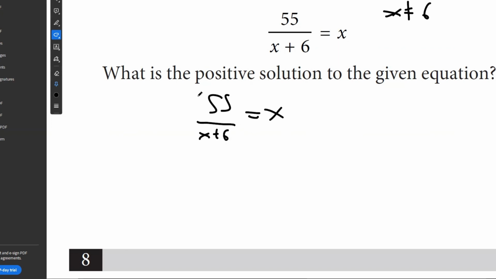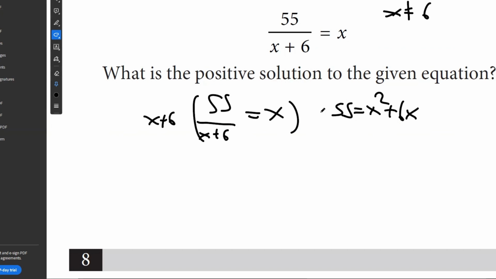All right, so let's multiply everywhere by x plus 6 in order to get a better form, and it's going to be 55 equals x squared plus 6x. We want to make this a quadratic form, because we want to find our x roots, and therefore find our positive solution.